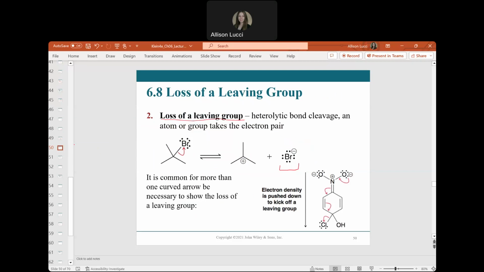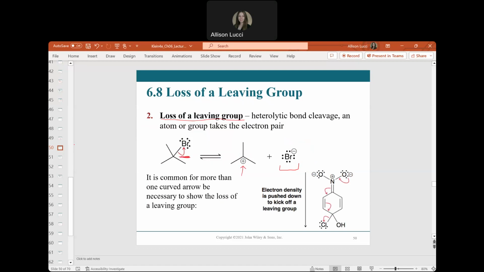So we have this heterolytic bond cleavage where the bromine has taken that lone pair to become negatively charged, and what results is a carbocation, right? So it took all those electrons with it in this single arrow shown here. And again, the result is our carbocation.